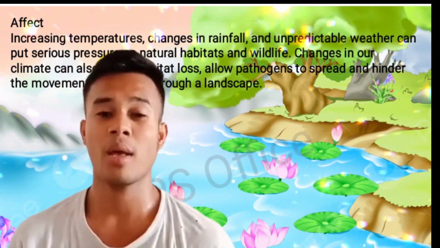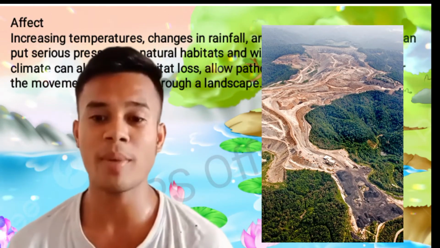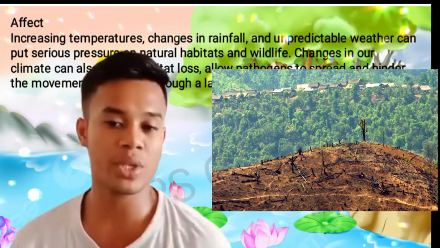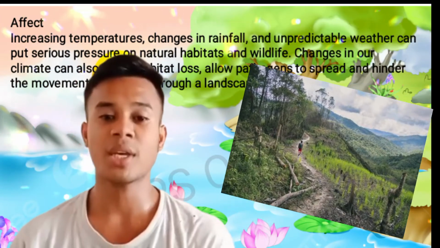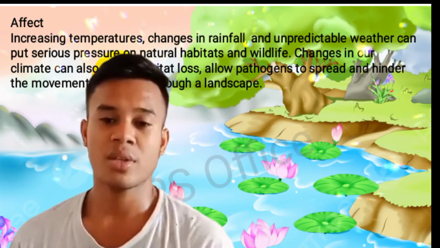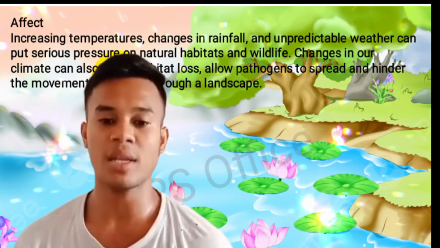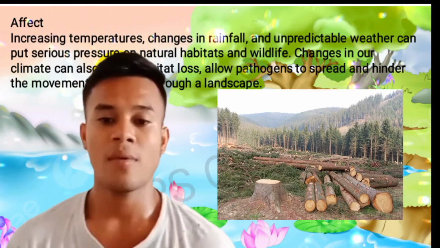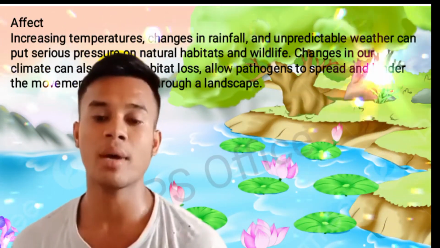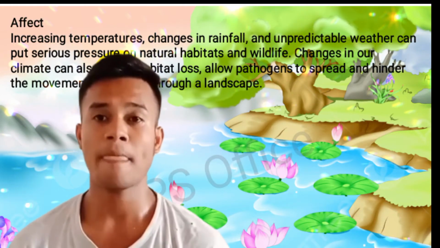Factor number one: human activity increases the rate at which natural processes such as weathering and erosion shape the landscape. Cutting down forests exposes more soil to wind and water erosion.